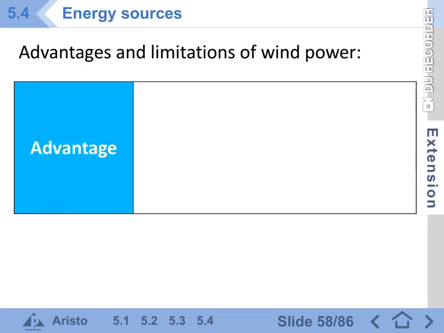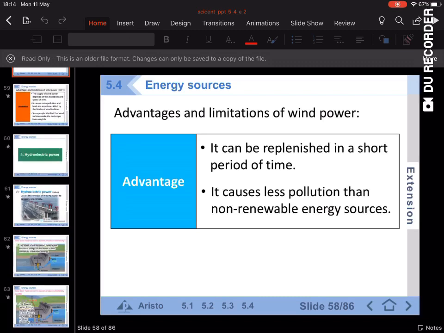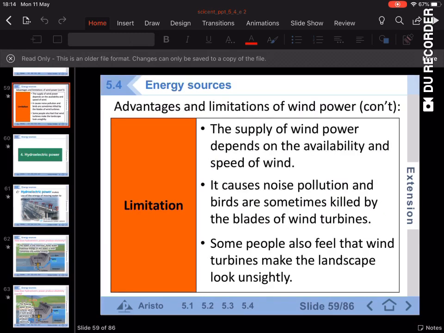Now in here, the advantage is that it can be replaced in a short period of time, because the wind blows and then it will generate kinetic energy already. And it causes less pollution than non-renewable energy sources. Now, however, you have to be aware that there are quite a few downsides for wind power, because if the wind is not strong enough or that day doesn't have any wind, you cannot produce any electricity.